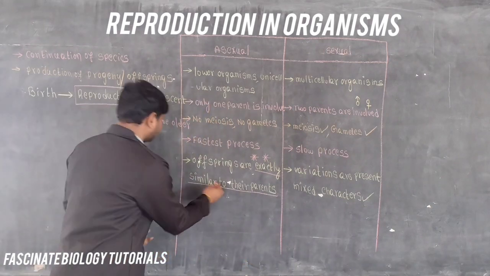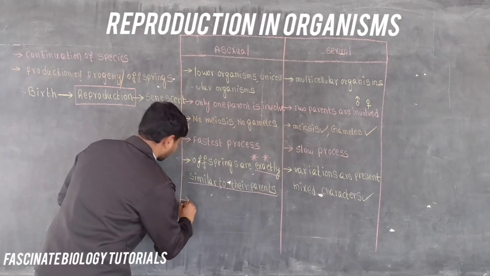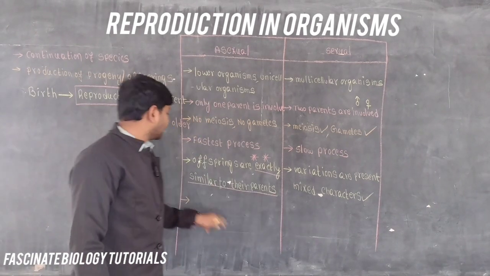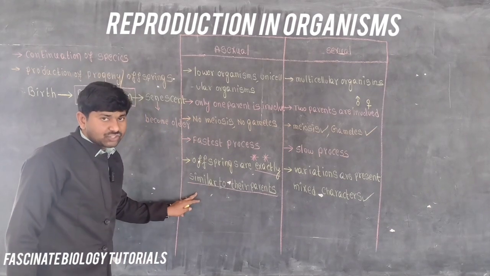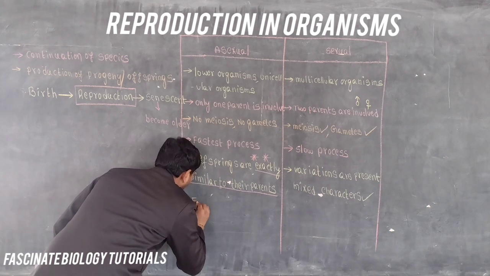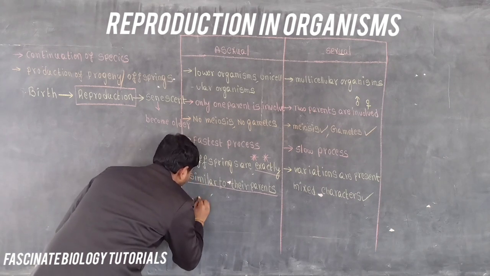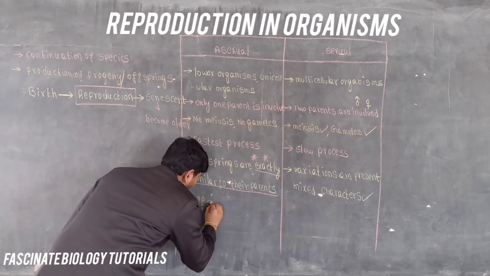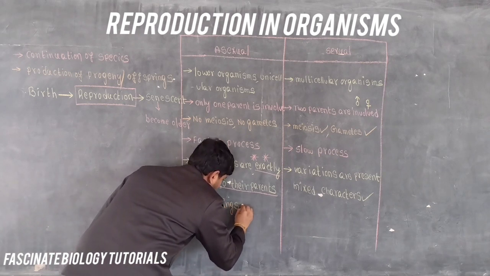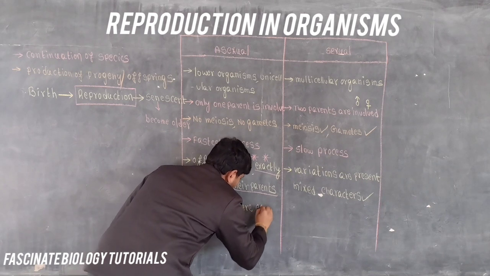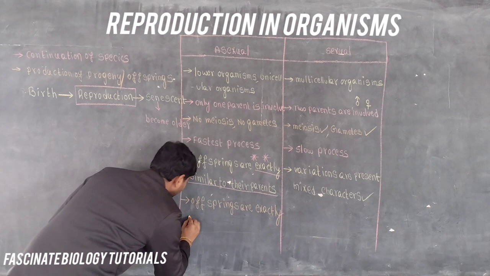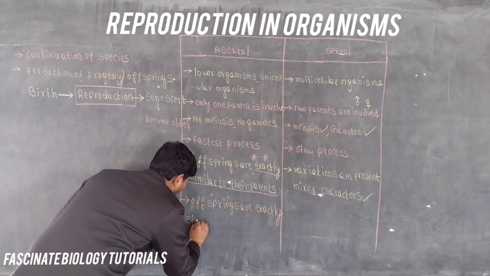One more point: offsprings are produced in both processes, and in asexual reproduction these offsprings are exactly similar to their parents.